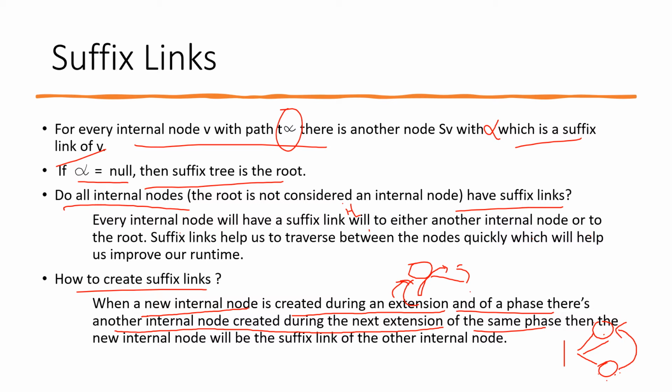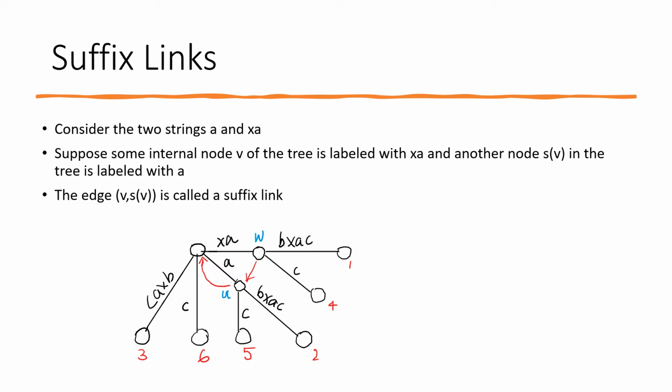If only one internal node is created in one phase, then a suffix link is established to the root from that particular node. So this is how we create suffix links. I just wrote the definition of how the suffix link is established between two internal nodes.